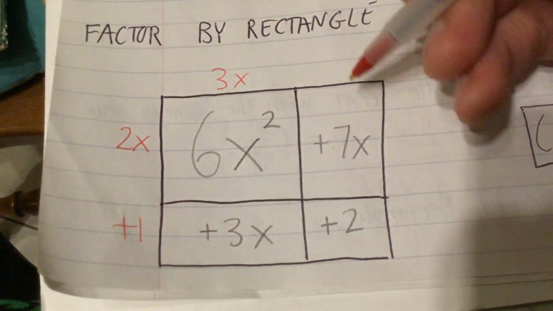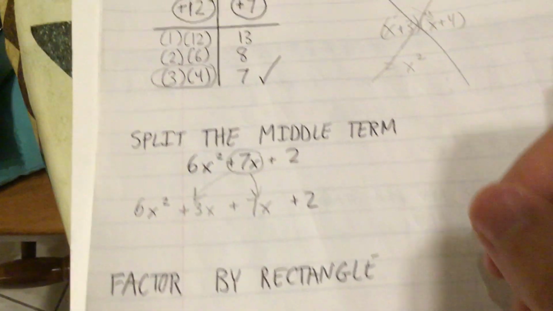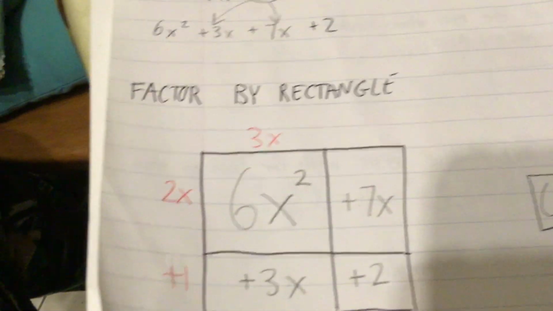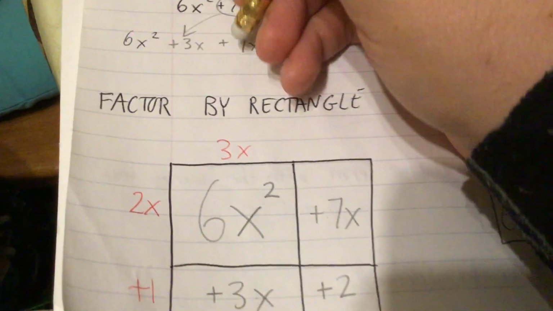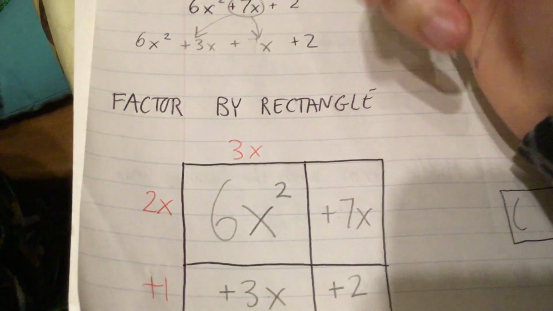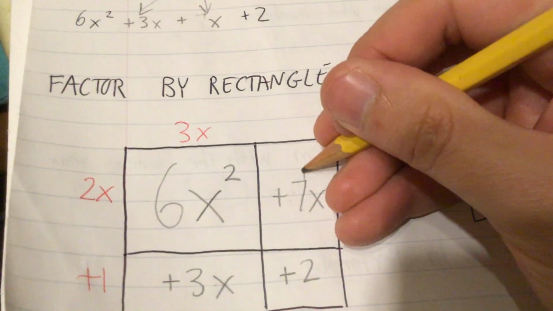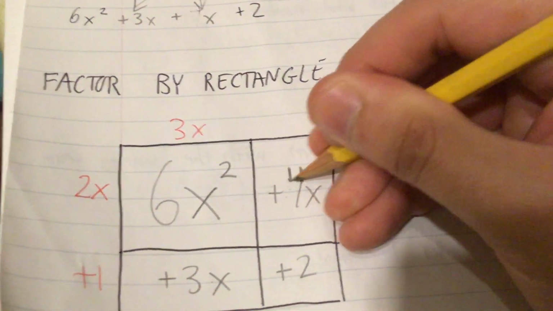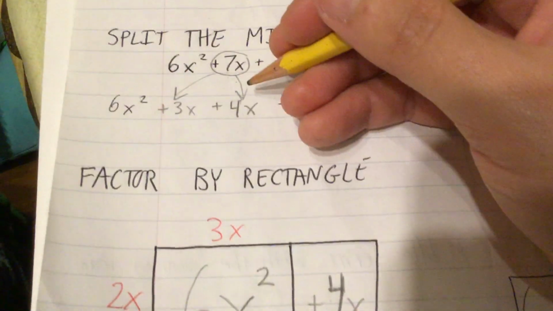Now, 2x times what is 7? Wait, hold on. Did I mess this up? Oh, 4x. Sorry about that. That's a positive 4x. I sincerely apologize.